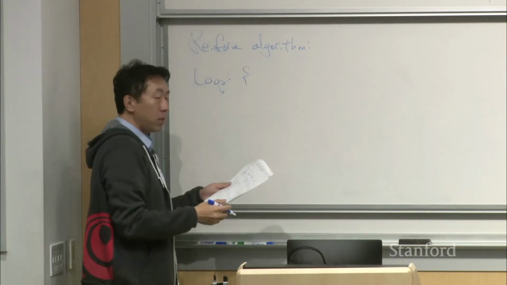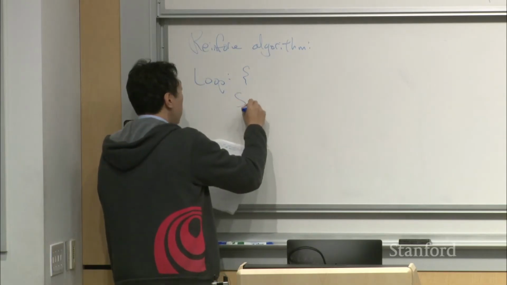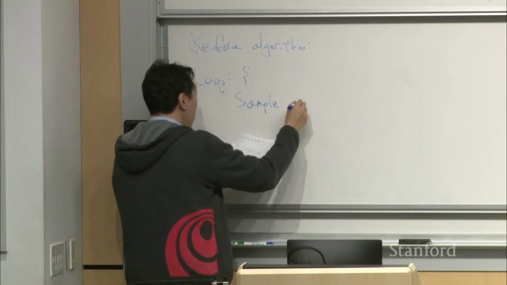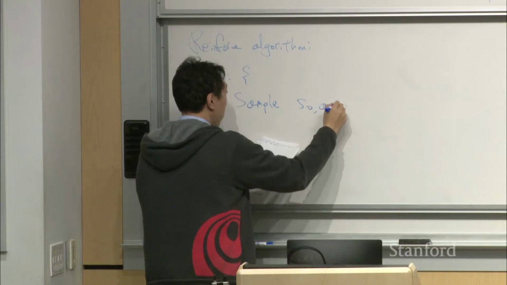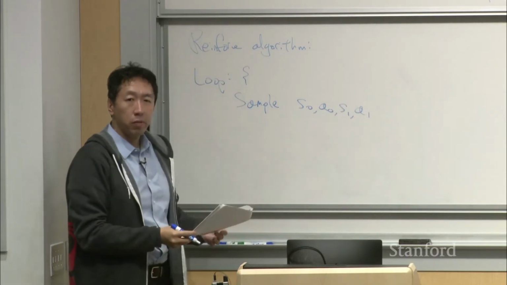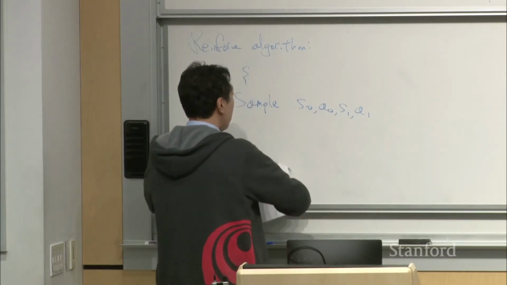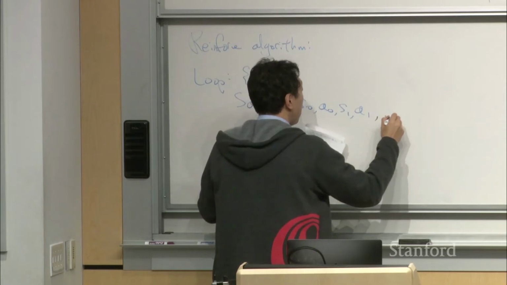But the REINFORCE algorithm does the following: you're going to run your MDP for a trajectory of T time steps.